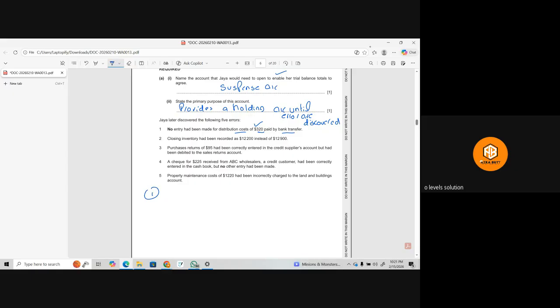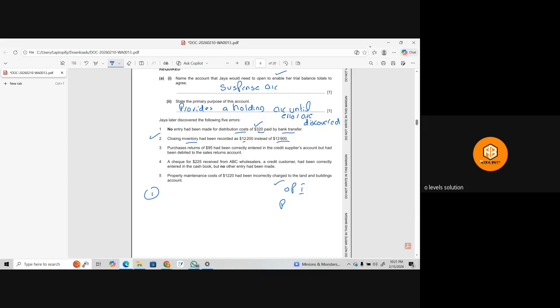So it is easy. The next one is that closing inventory had been recorded as 12,200 instead of 12,900. As you can see, we understated the closing inventory. It should be recorded as 12,900, but we recorded it as 12,200. Now remember that closing inventory we will never record in the trial balance. In the trial balance, we only record the opening inventory and purchases.